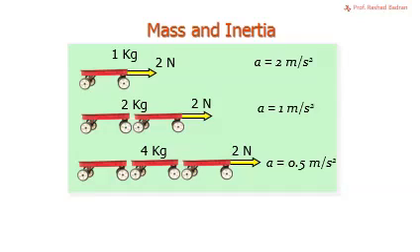It means that the mass in each case resists the force, or resists the motion that the force is trying to make. By increasing the mass, as we can see, the acceleration is reduced in certain proportion, depending on the value or the magnitude of the mass in each case.